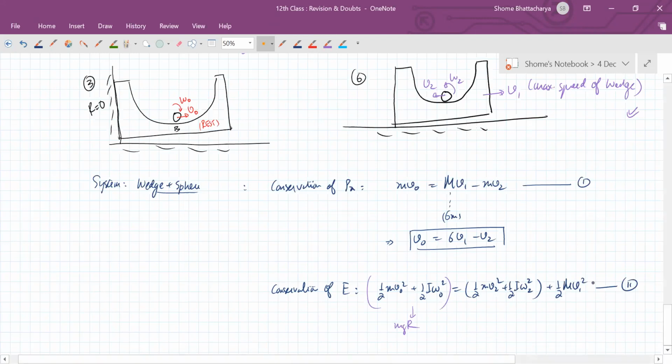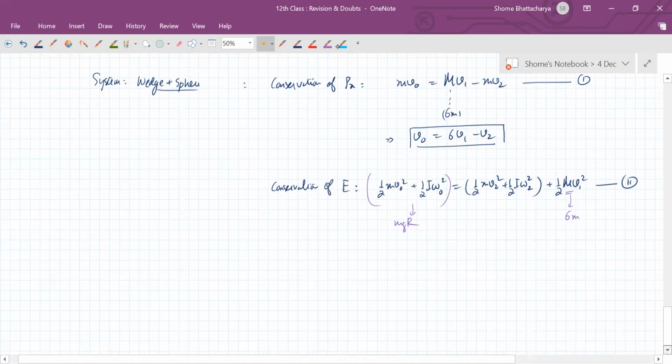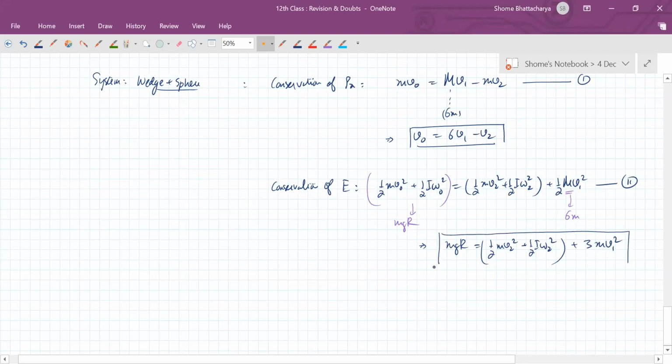Okay. And of course here this will be substituted as 6m. So first of all, that will give us a modification, but we have to be careful about the omega. Okay, it's not going to be v2 by r. Give us this for the moment. Okay, now we will have to understand the no slipping constraint.